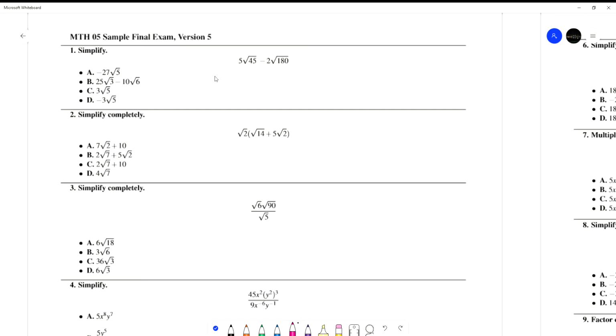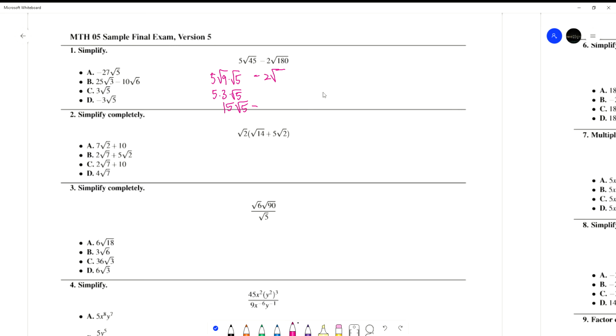All right, so number 1, we have 5 radical 45. Let's simplify that. That's 5 times radical 9 times radical 5, which is 5 times 3 times radical 5, which gives us 15 radical 5. And then we have minus 2 times radical 180. What can we simplify that to?